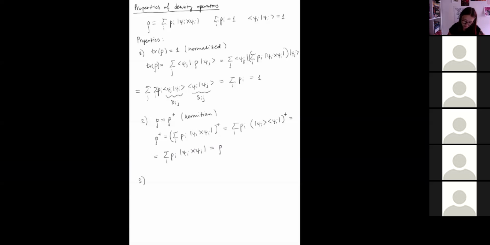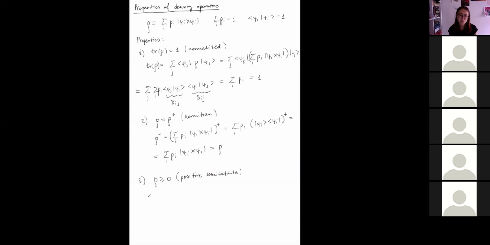The third property is that rho is positive, or more precisely, positive semi-definite. How do we show that it is a positive semi-definite matrix?